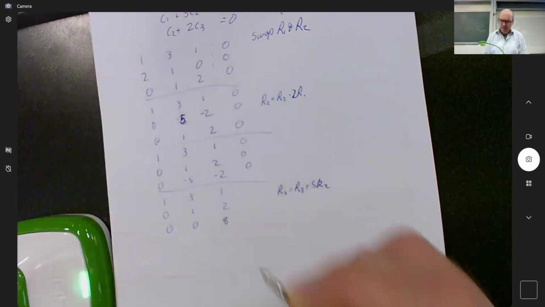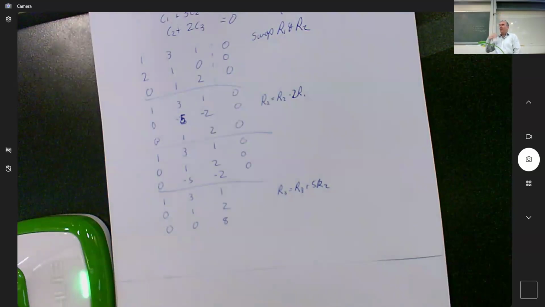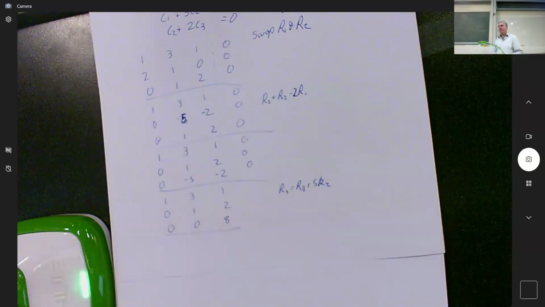Okay, I'm going to stop there. If I'm asking, are these vectors linearly independent? From that point on, I know there's a unique solution.